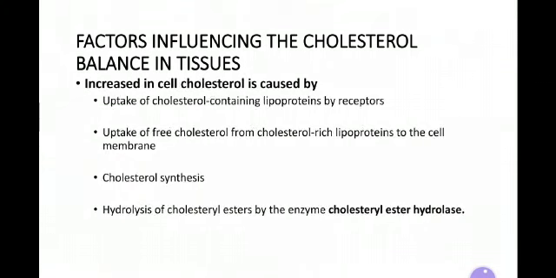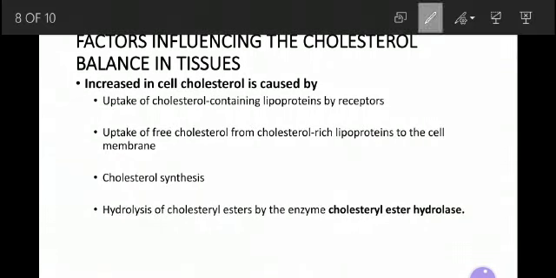The second is uptake of free cholesterol from these lipoprotein particles which have been taken up by the cells. The third factor is cholesterol synthesis, and the fourth one is hydrolysis of cholesterol ester by the enzyme cholesterol ester hydrolase. All these four events increase the cell cholesterol.